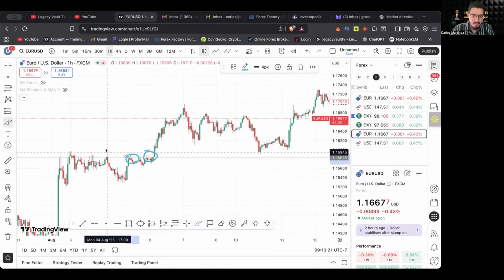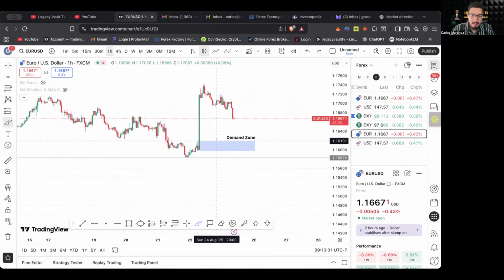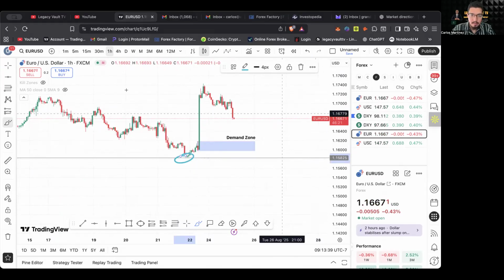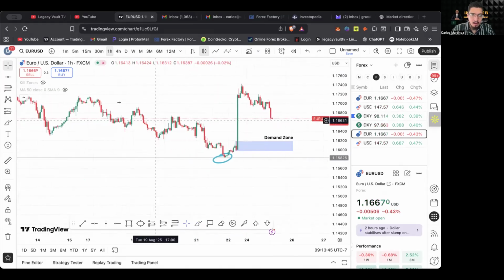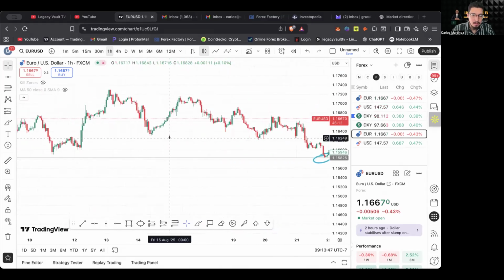It was once a resistance. Price was rejecting this price level and eventually broke above. And it came down to retest and created a support level. It's a specific price, 1.15825 on euro against the US dollar.